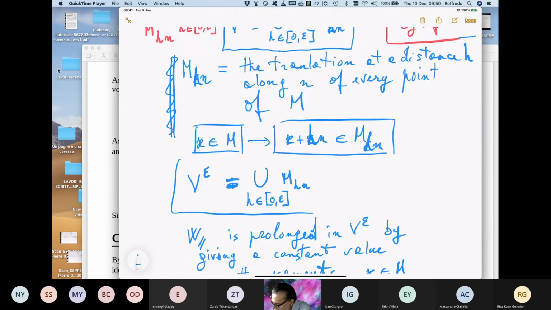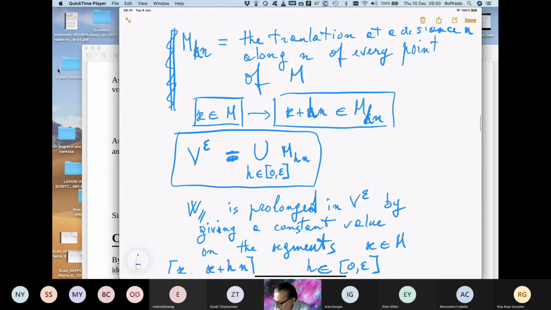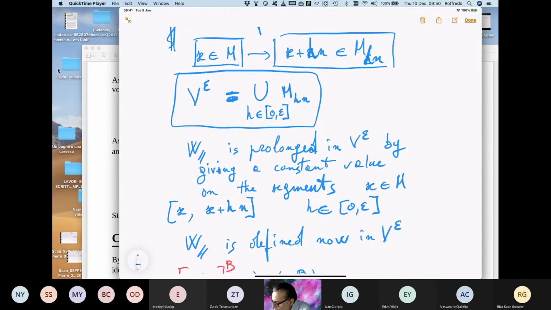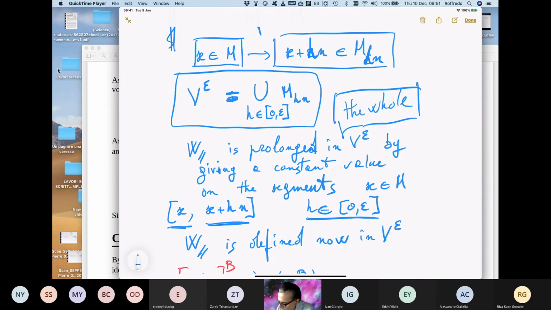And V epsilon is the union of all these surfaces. And W parallel is prolonged in the whole V epsilon by giving constant values on the segments which are built x plus hN, where h belongs to (0, epsilon).